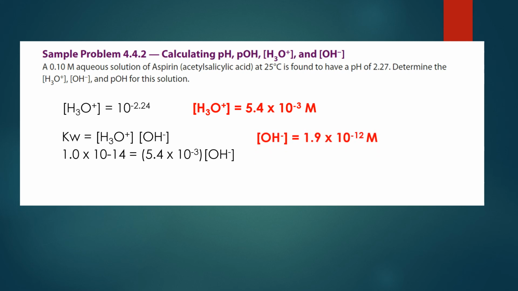When we solve for the concentration of hydroxide, I get 1.9 times 10 to the negative 12. So I had to do a step to get over that acid land base land bridge. Lastly, to get to our pOH, I'm going to use the pH that I originally had. I'm going to take 14 minus that pH, and I get my pOH of 11.73.